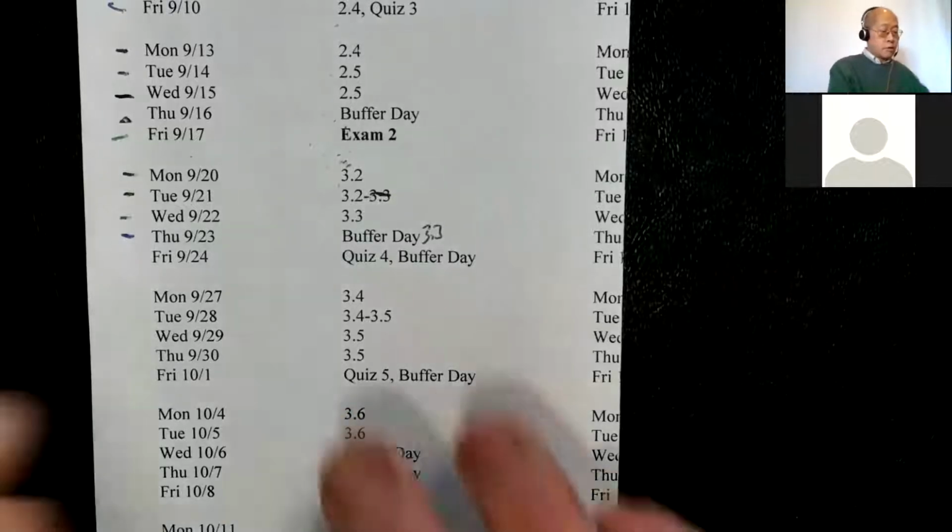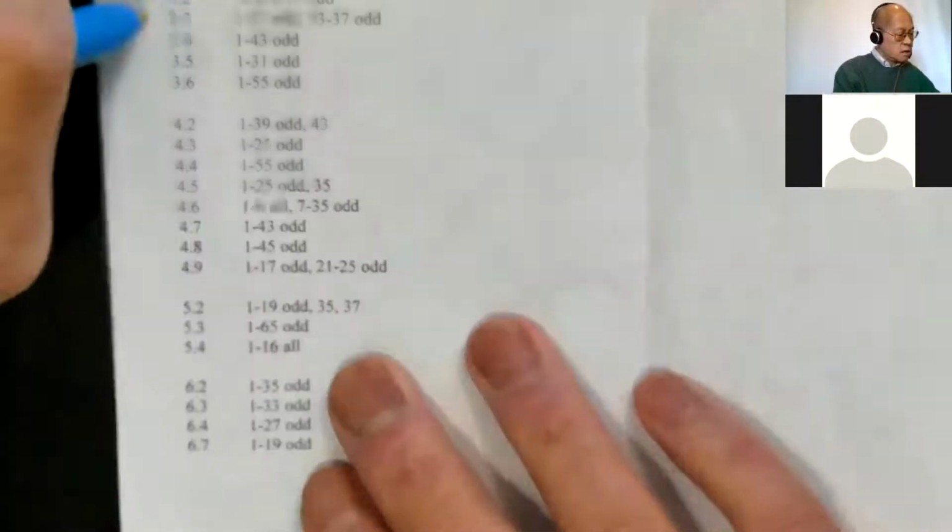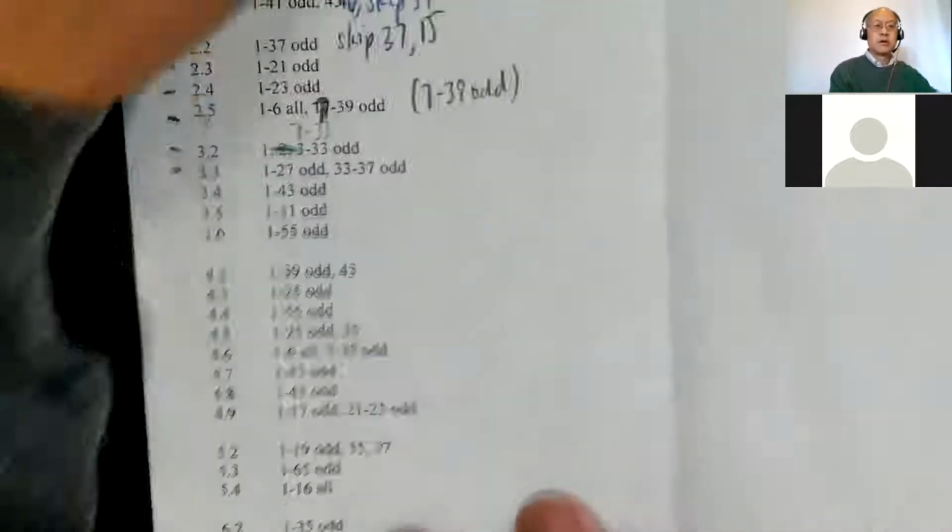All right, so let's pick up where we were. Okay, so we're here, 3.3. We're using the rational zeros theorem.